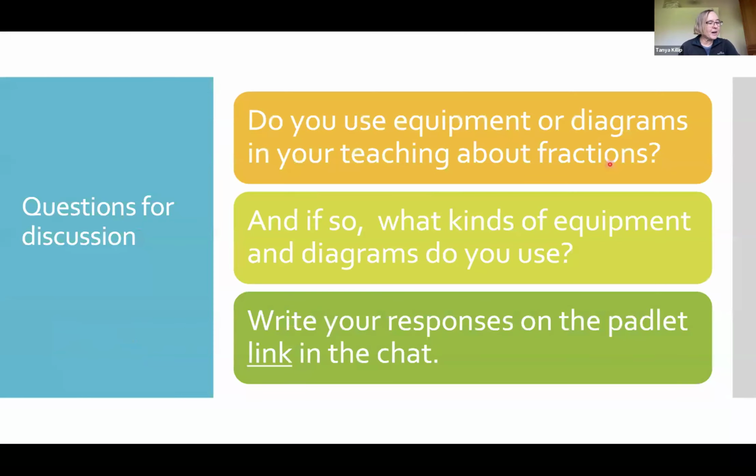Okay, so now I have a couple of questions for you, and I'm going to take a break from talking for 5 minutes while I give you an opportunity to answer them. So the questions are, do you use equipment or diagrams in your teaching of fractions? And if so, what types of equipment or diagrams do you use?